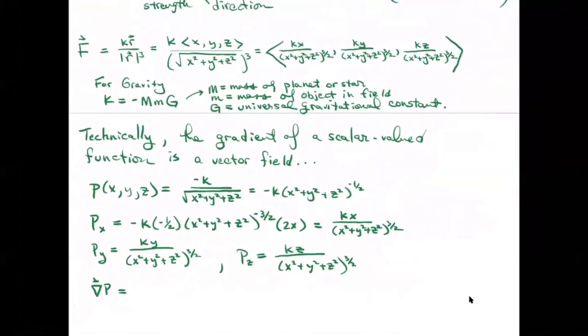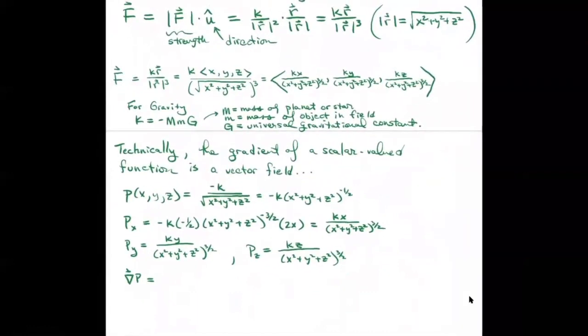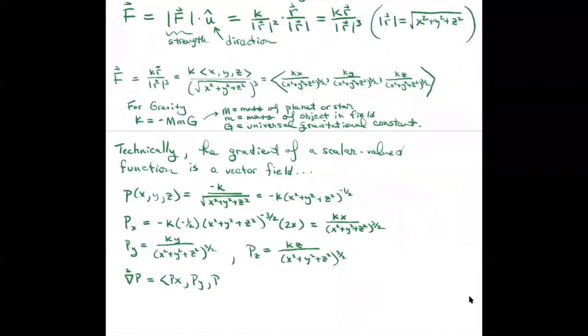Can I just copy it from up above? So, obviously, it's a vector with components Px, Py, Pz. And remember, this is also called the total derivative again. Px, Py, Pz.